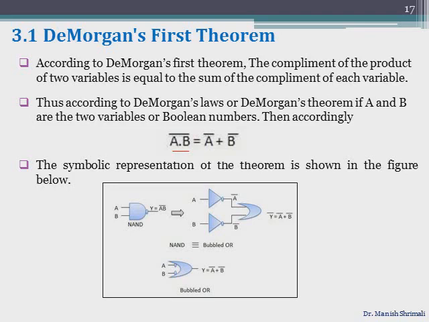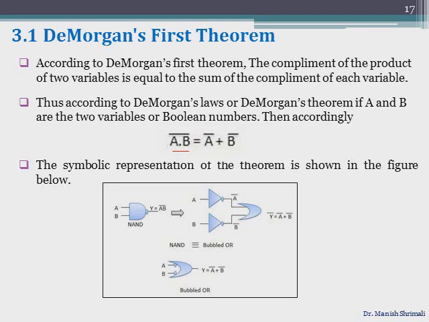And this first theorem, as you can see in this symbolic representation, is how we have proven this. If you look at this, A into B complement, here there is an AND gate. If we calculate the output over here, it will give me A into B complement.